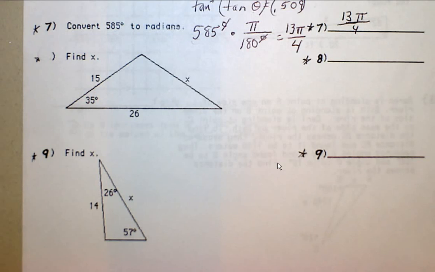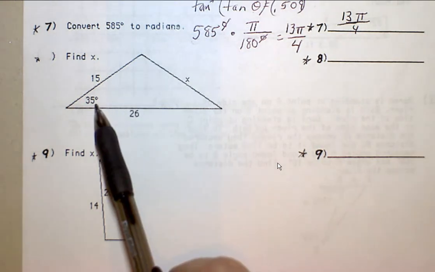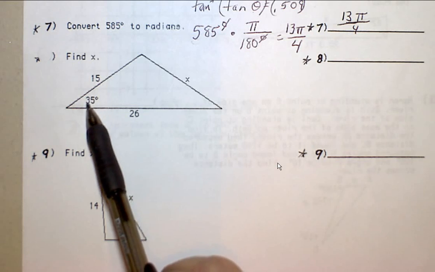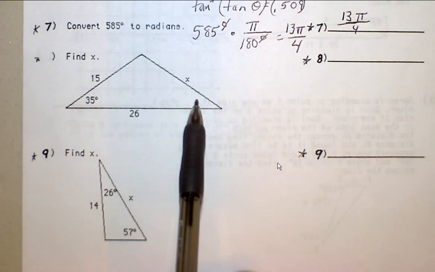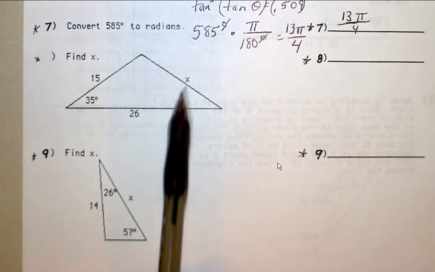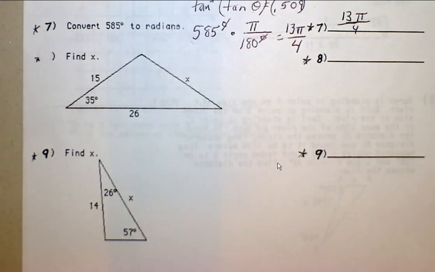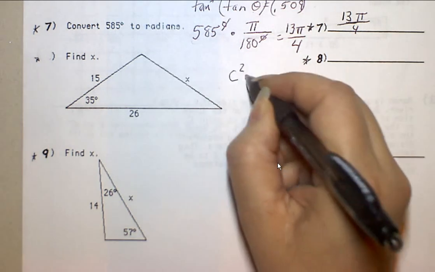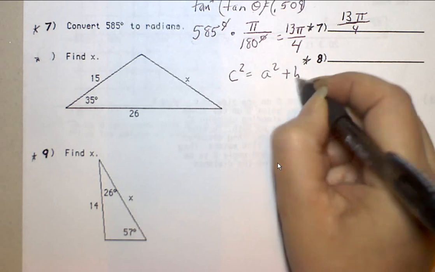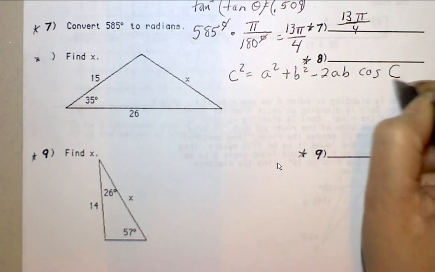I would always love to use the law of sines because it's the easiest one, but to do the law of sines you have to have an angle and a side, which we have, but then we need another, and we would have two unknowns, and there's no way to find any of the others, so we have to use the law of cosines, which is c squared is equal to a squared plus b squared minus 2ab cosine of C, and this, remember, is your angle.